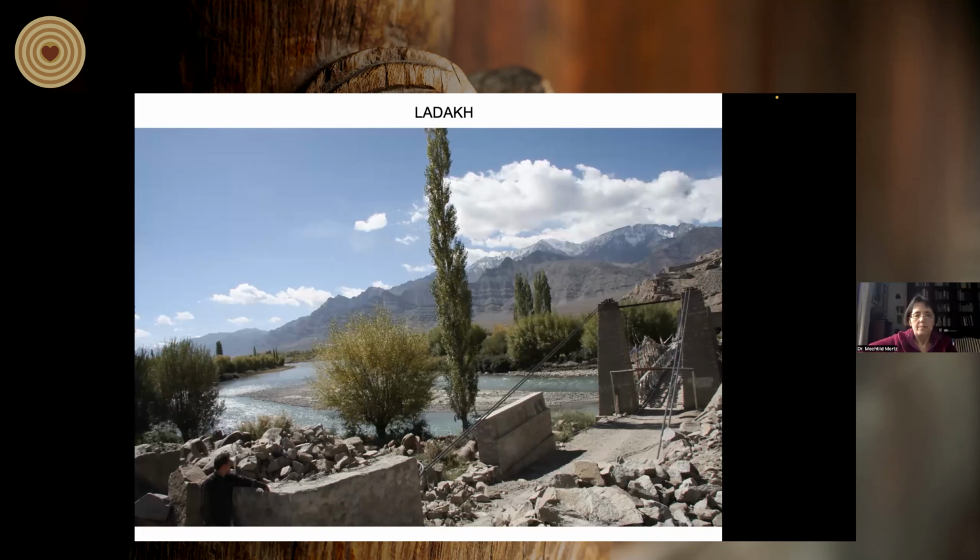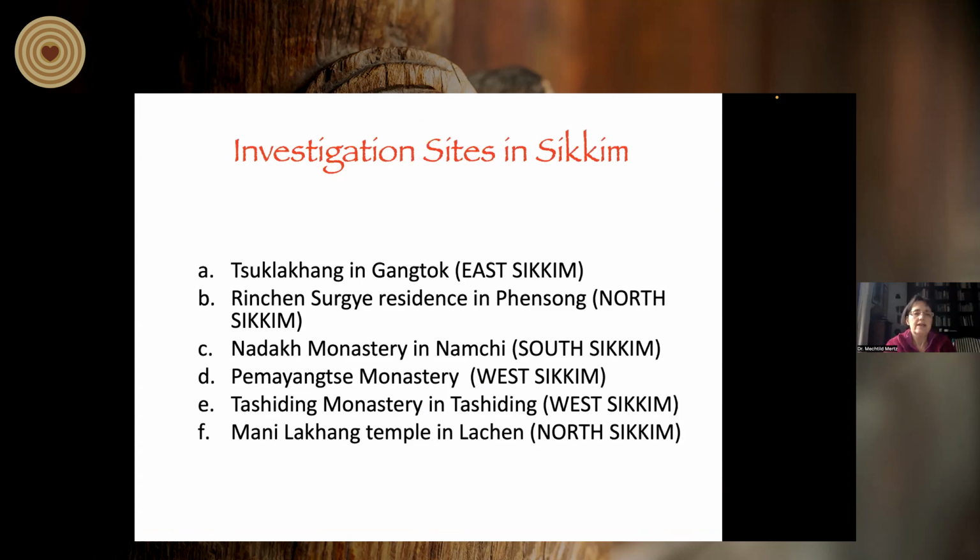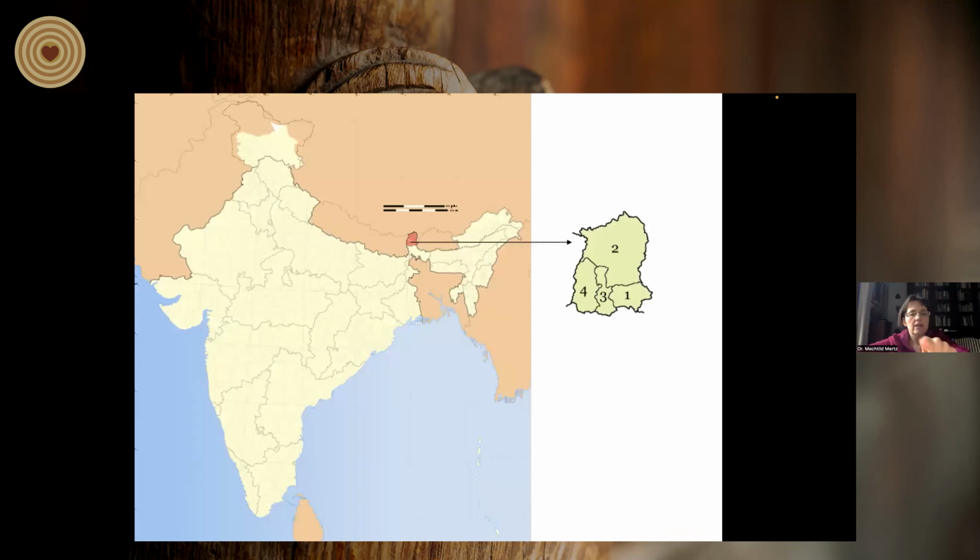So, but now I go back to Sikkim, and then the investigation sites are the East Sikkim and North Sikkim and all parts of Sikkim, as you will see. And here is Sikkim. You see it in a little map here.